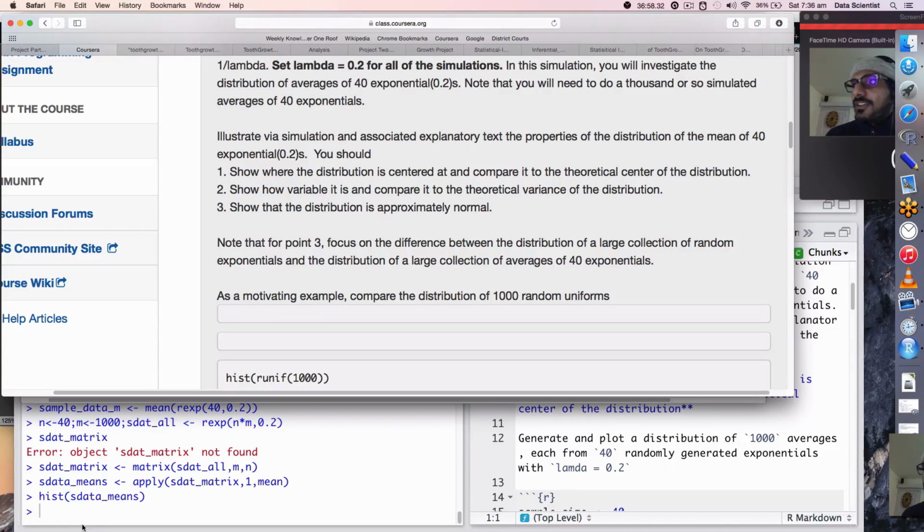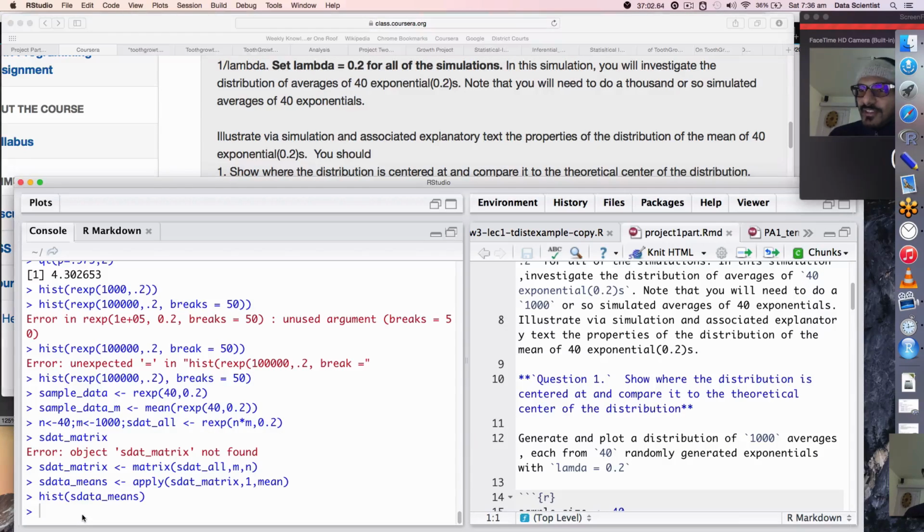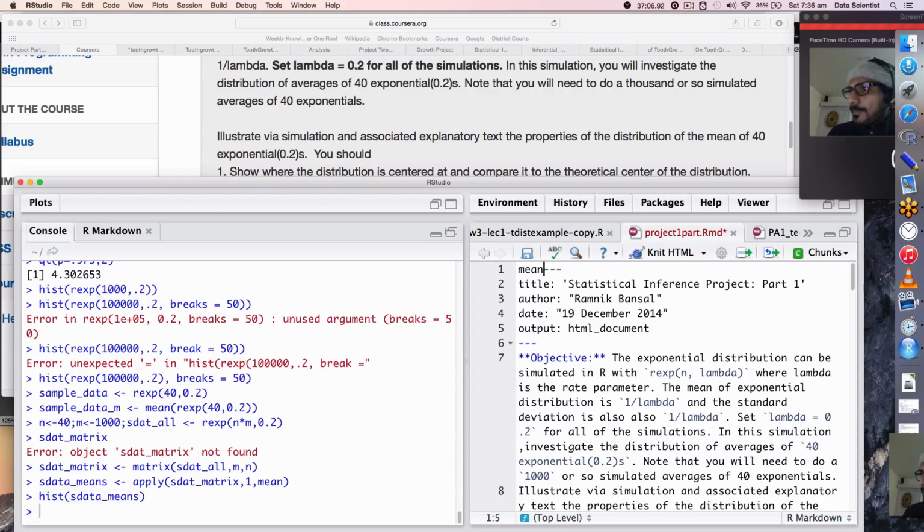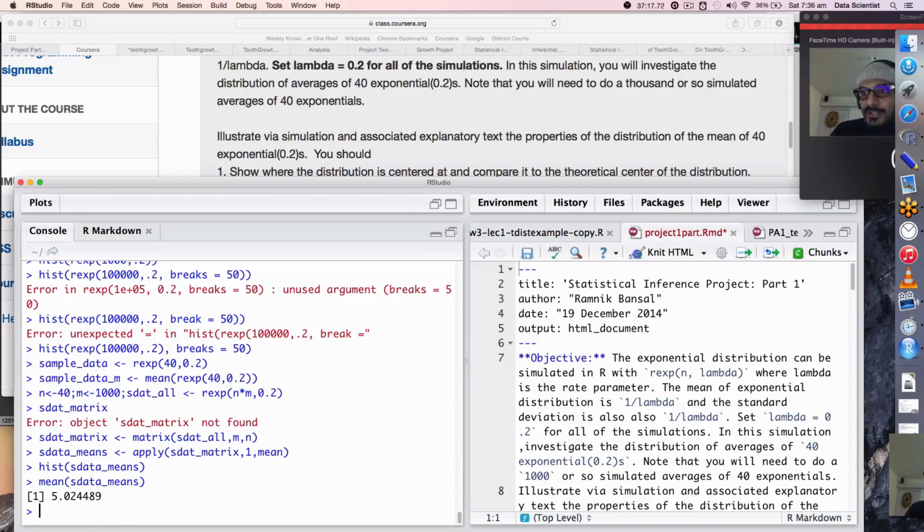When you say centering of the distribution, what do you need to do? You take the average, right? So if I was to take the average of the data means, I say mean of my S data underscore means, all right? What do I get? I get a value which is around 5.